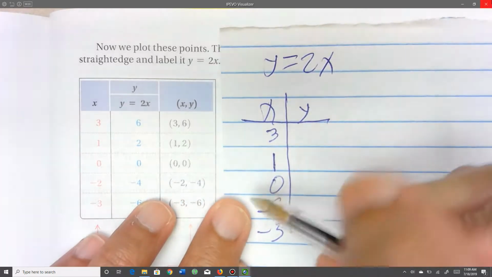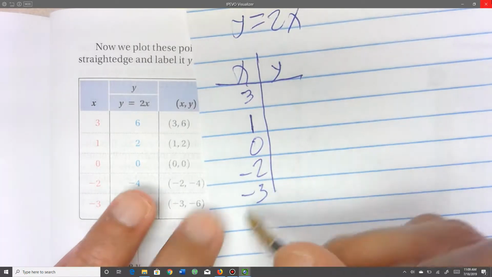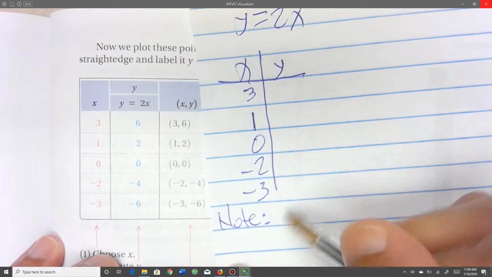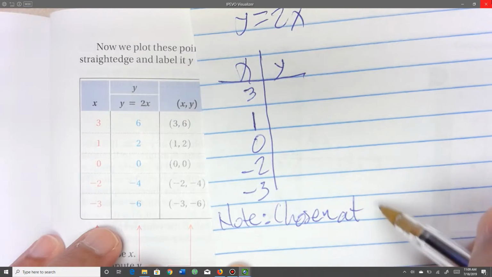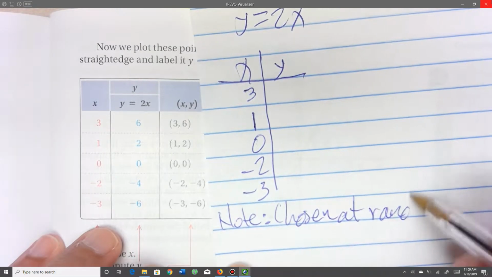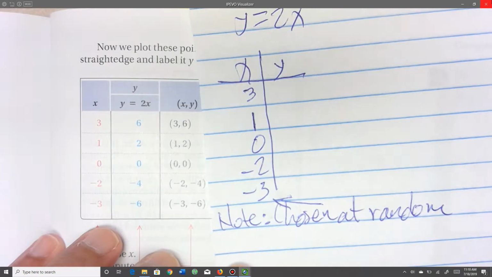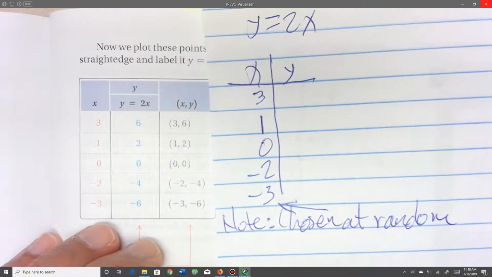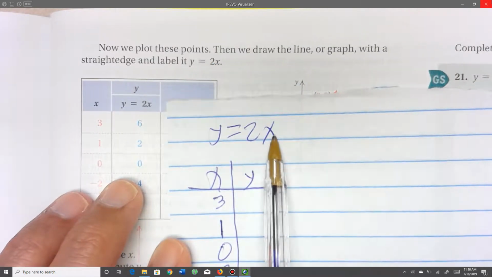Okay, so we chose this at random. So let me make a note here. Notes: chosen at random. So I just came up with these values for x. Okay, so that's the way you need to start. And the equation is y equals 2x.